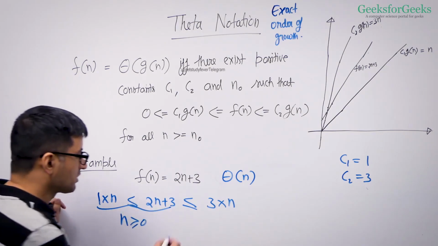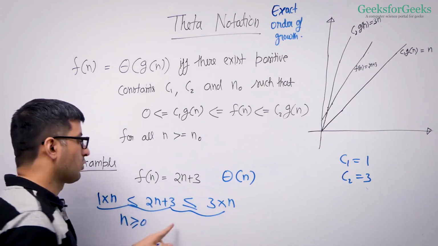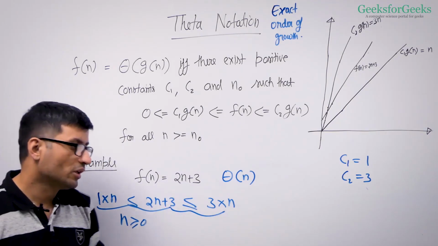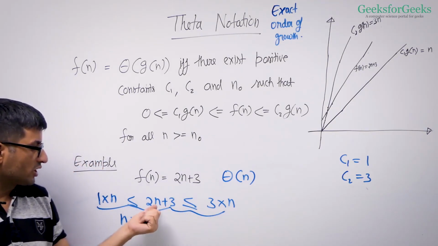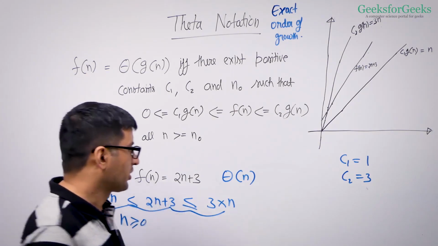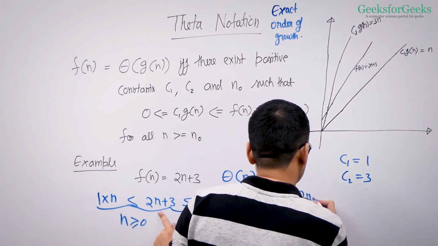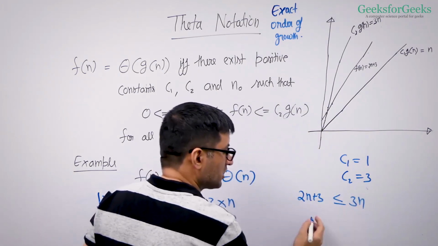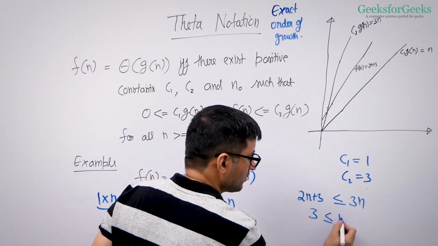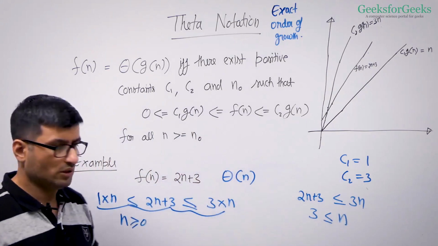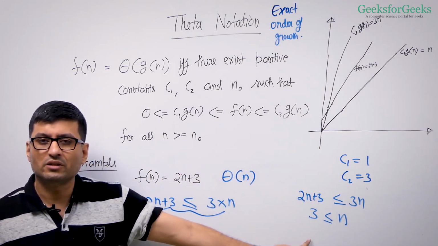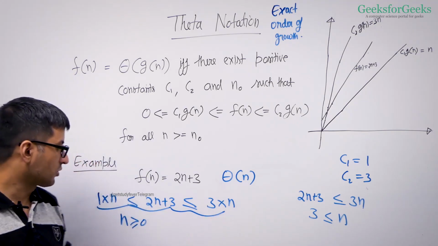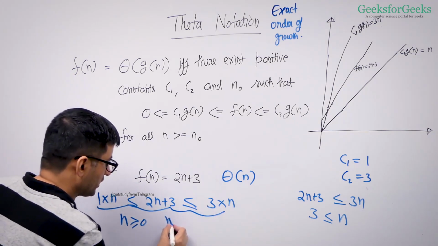Let's now talk about the other part. For what values of n is this part true? We can solve it separately. We want to show 2n plus 3 is smaller than or equal to 3n. We can take n on this side and say 3 is smaller than or equal to n. So for n greater than or equal to 3, this part is also true.